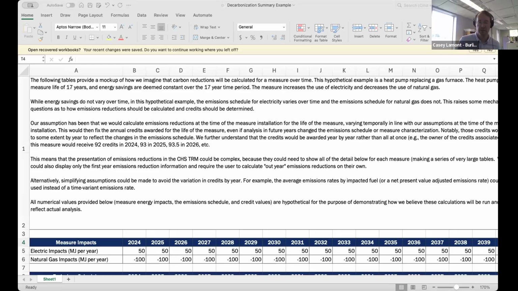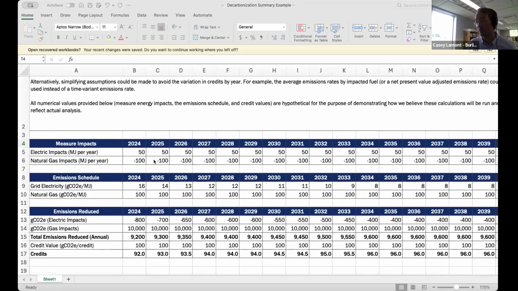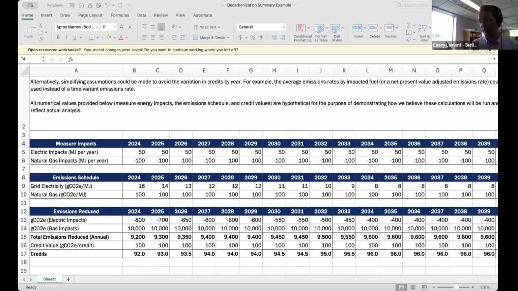Sorry, I'm assuming that line 17 here is the credits per year. But what the delivery agent would get at the end of the day is the sum, so 1,600 credits, and that's what's put in their bank. Do you think this is saying they would get 92, 93, whatever credits per year?